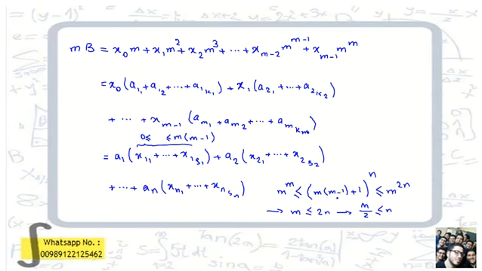And we know that m times m minus 1 plus 1 is at most m squared. So m squared to the power of n is greater than or equal to that.